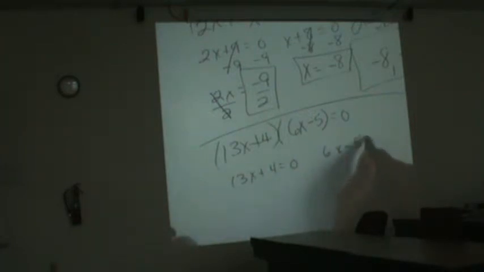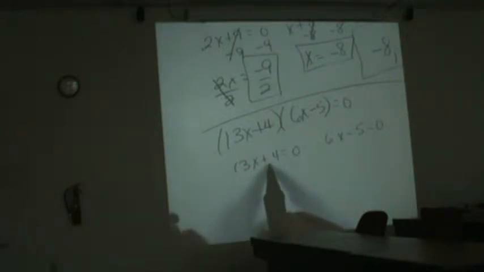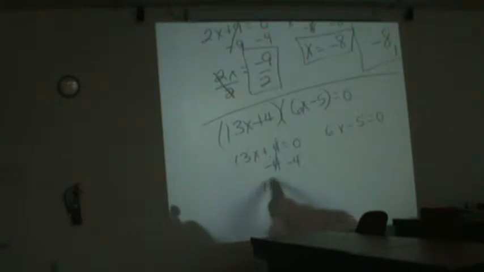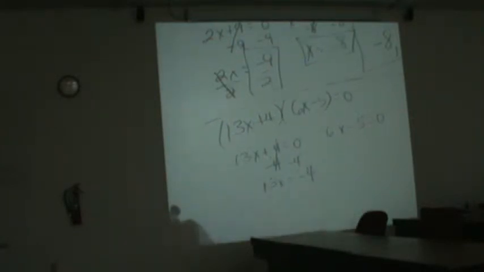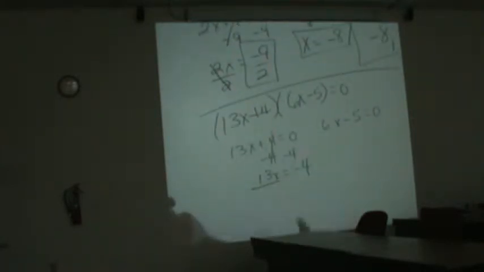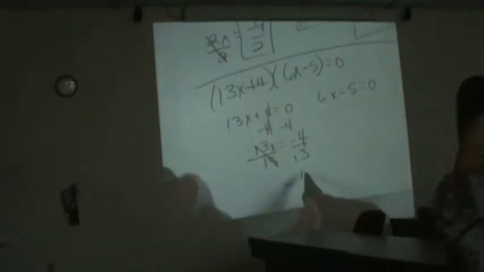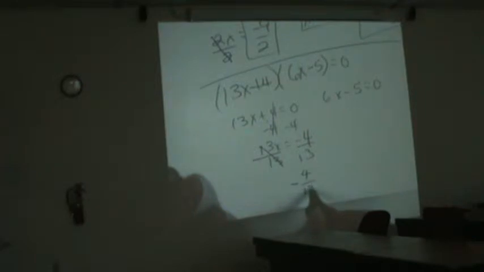That means you have to do the plus or minus and the division part. So what are you going to do with this one? Subtract 4 first. And then divide by 13, right? So you have negative 4 over 13.